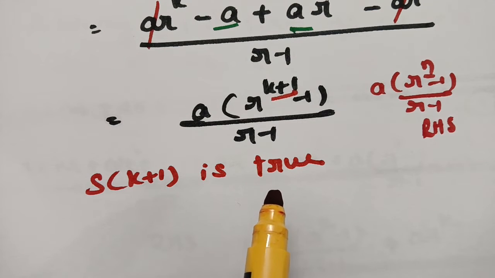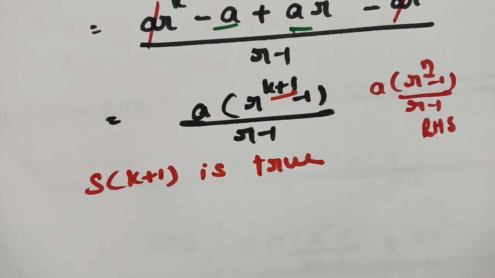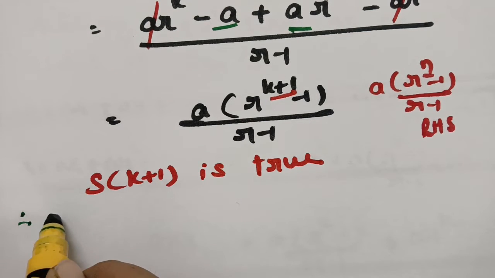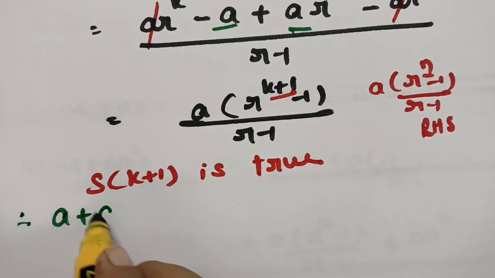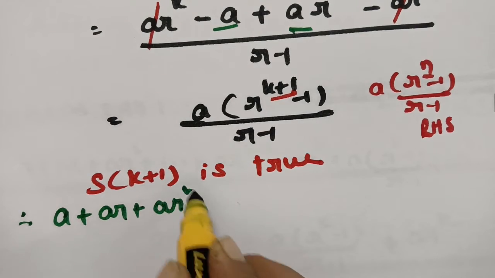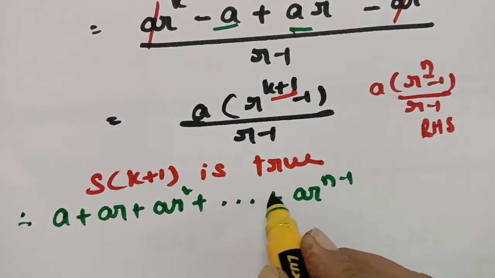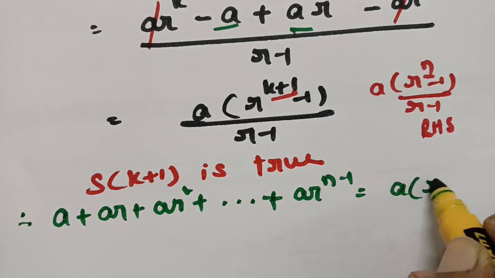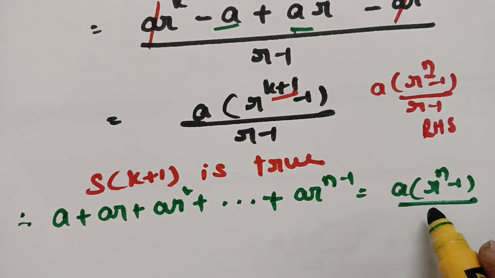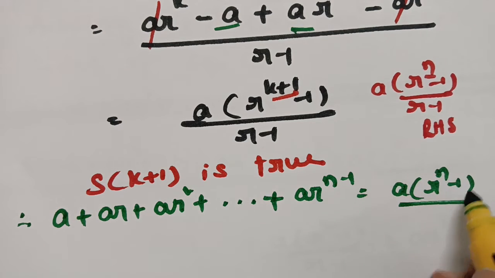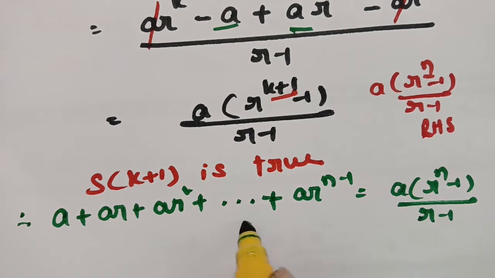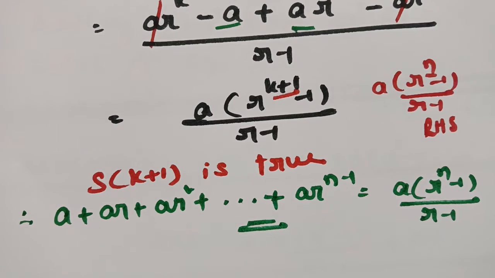So if it is true for n is equal to 1, 2, 3 and so on, k plus 1, we say that it is true for any natural number, and therefore the statement is true according to mathematical induction, that is A plus A r square plus and so on, A r to the n minus 1, which is equal to A times r to the n minus 1 by r minus 1. So this is true according to the mathematical induction.